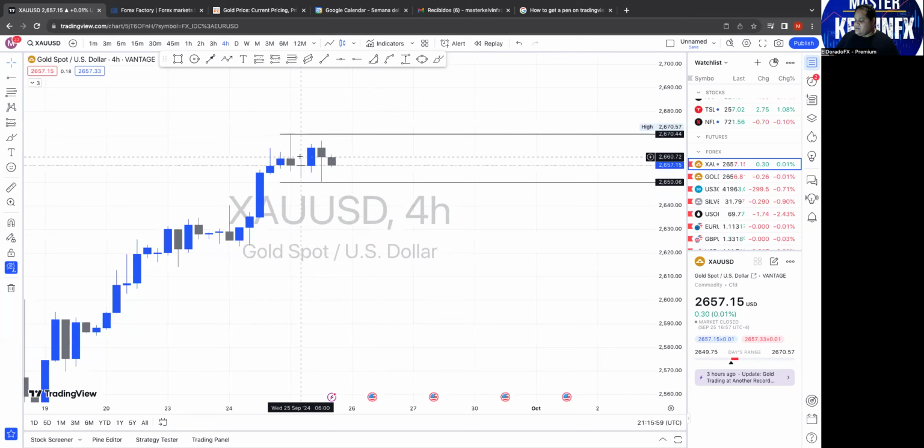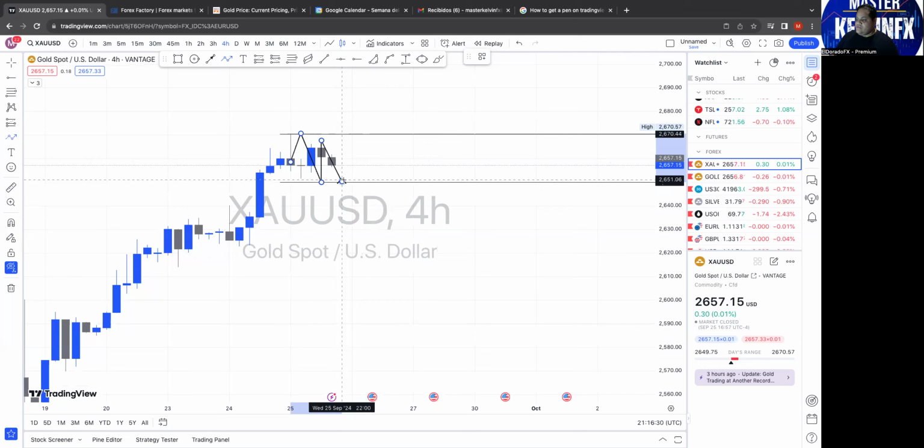This is the candle on 4 hours that we want to see, this one here. The market started going to the upside, then it dropped and went back up, and before reaching the high, it is going down right now.